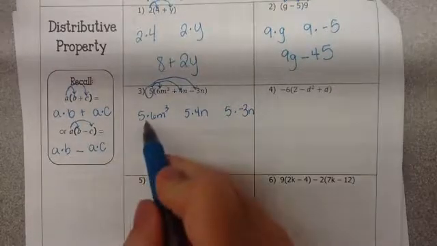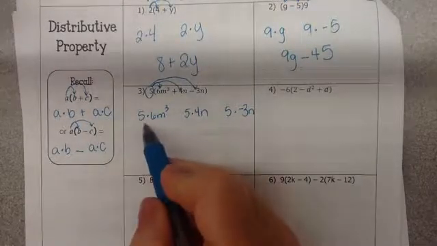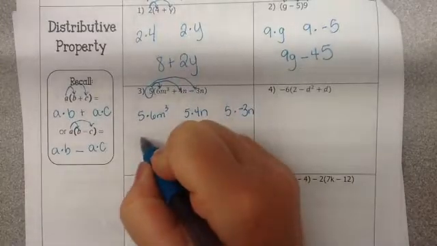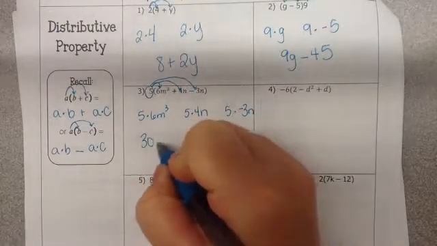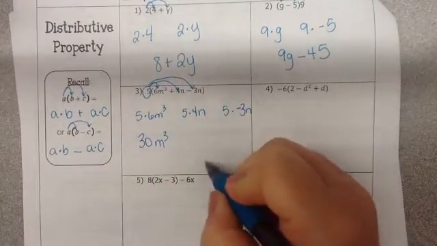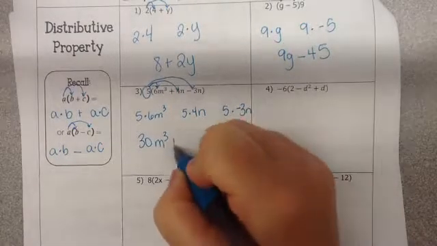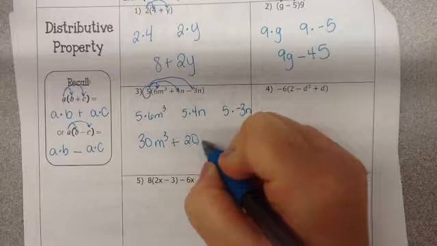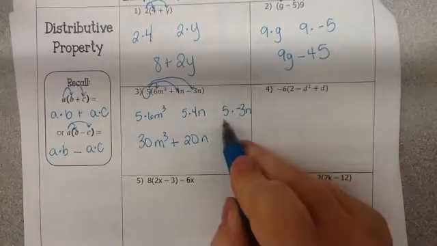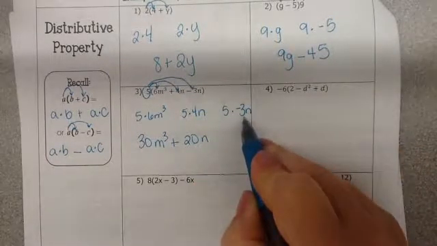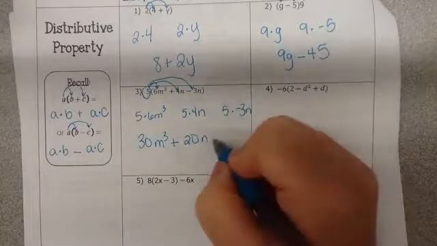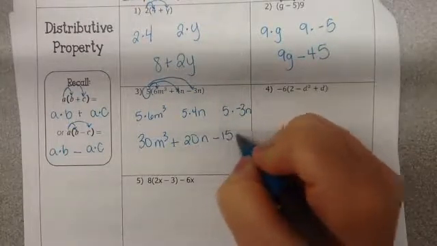I'm going to multiply those numbers. 5 times 6 is 30m cubed. 5 times 4, positive 20n. 5 times negative 3, negative 15n.